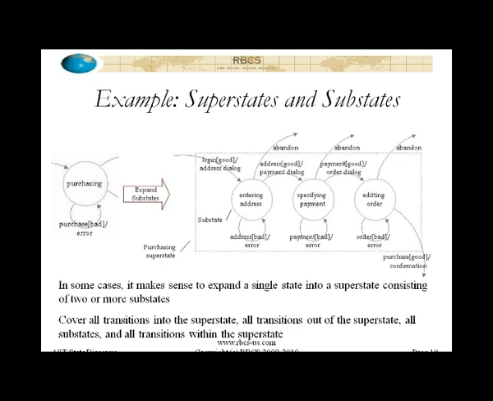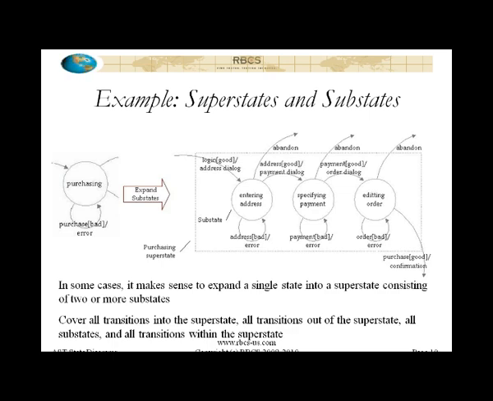Well, usually what you try to do is encapsulate some complicated actions as sequences of events and actions as a superstate. Okay, so the example here in this particular diagram is the purchasing state is actually a superstate.